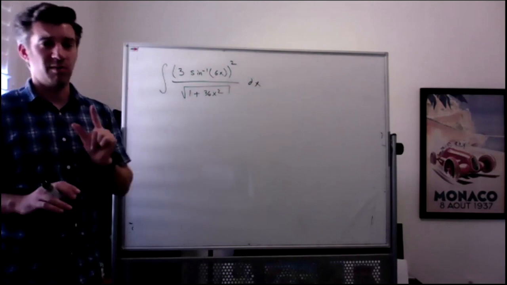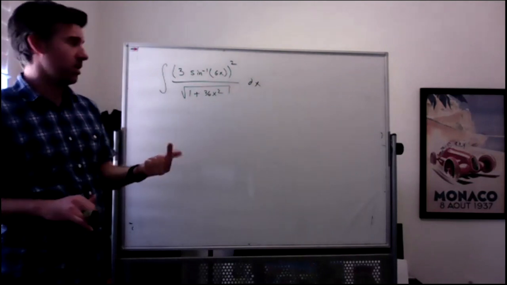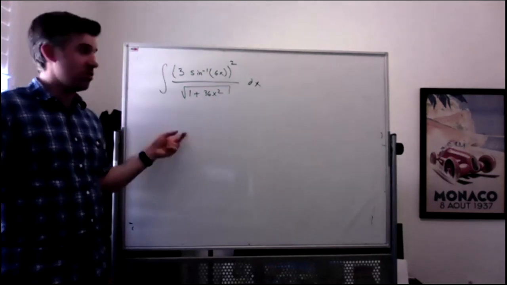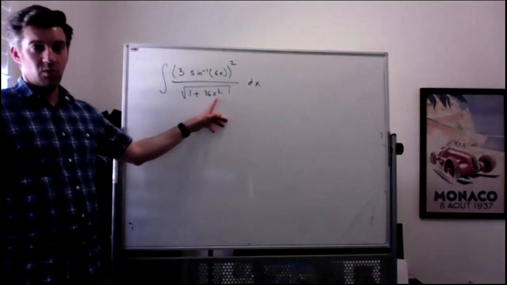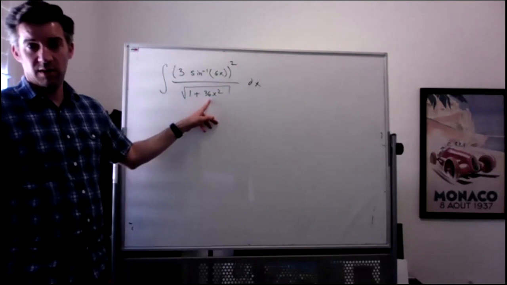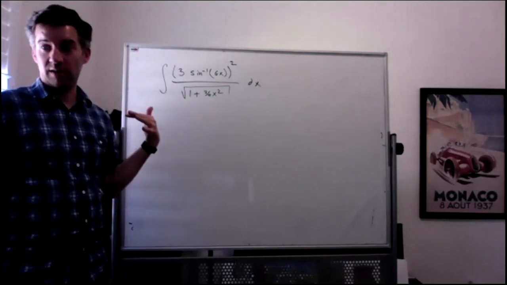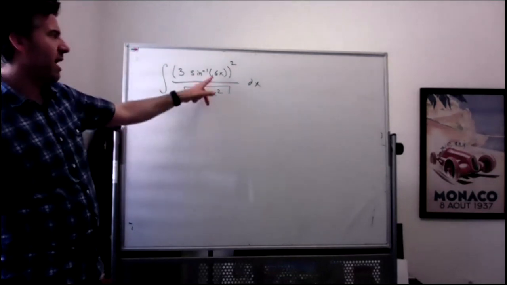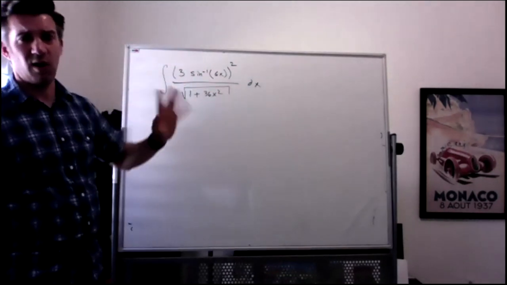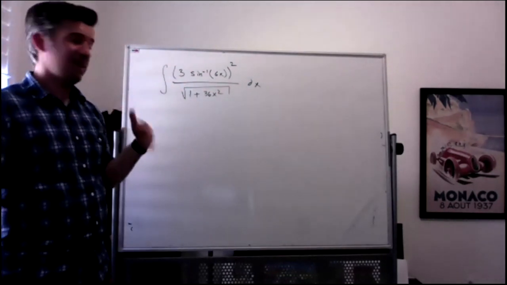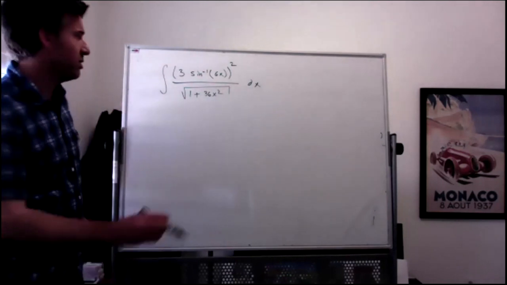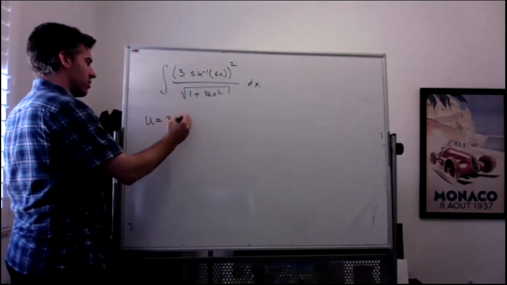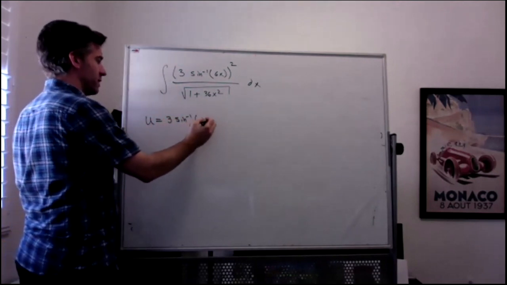You could maybe argue u is x squared, or even 1 plus 36x squared, because the derivative of x squared is 2x and the derivative of 1 plus 36x squared is 72x, and I have a something times x. Usually it's okay if we're off by a constant multiple. That's not the right choice to me. The right choice here is to let u equal 3 inverse sine of 6x.